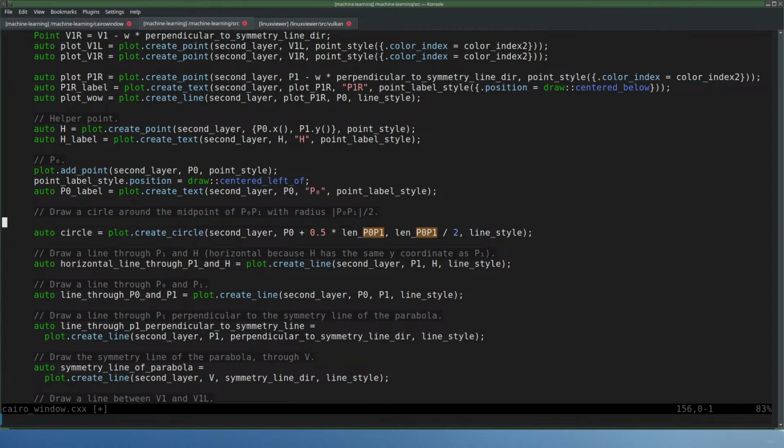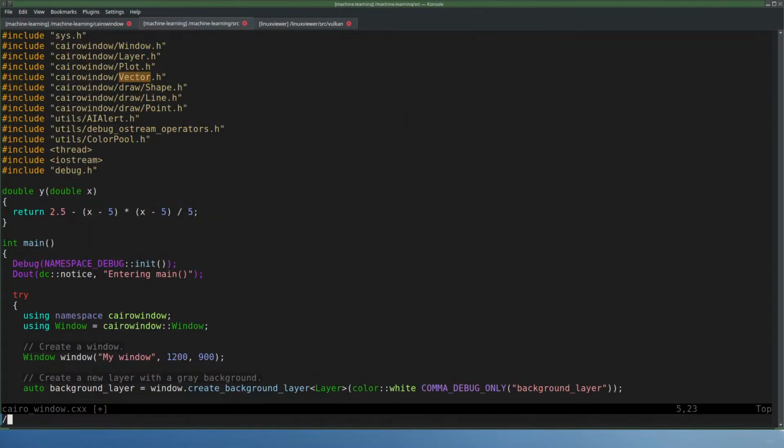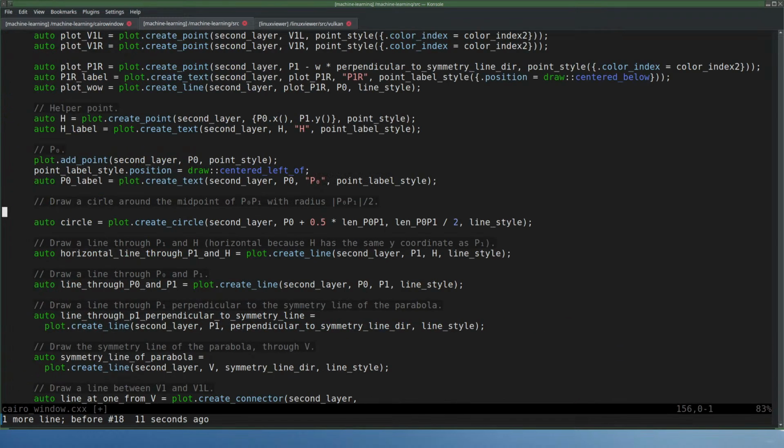Okay, where's my vector? Now I don't have a vector anymore. I'm just going to make a vector here then, called P0, P1, which is constructed from... and I would think that if this does not work, then what will?